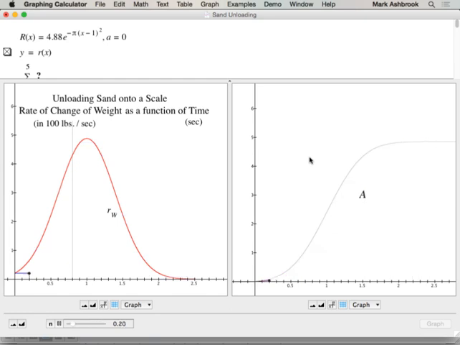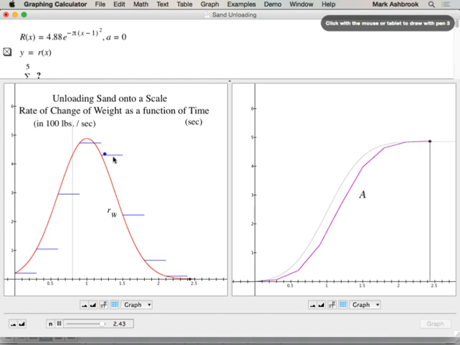Right, so we needed constant rate of change, because without constant rate of change, we can't make any headway towards accumulation. But with constant rate of change, what do we know? So that's our blue graph, right? With constant rate of change, how does that allow us to make headway towards accumulation? Andrew, do you remember?